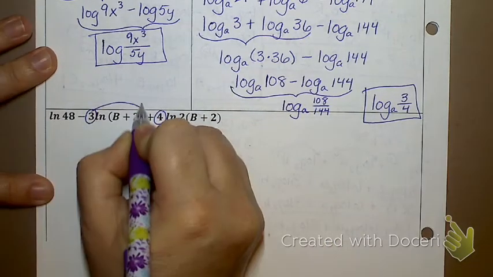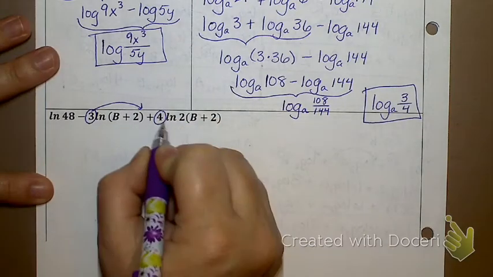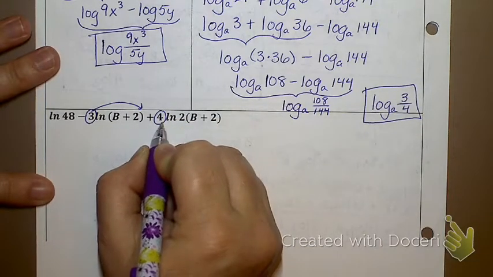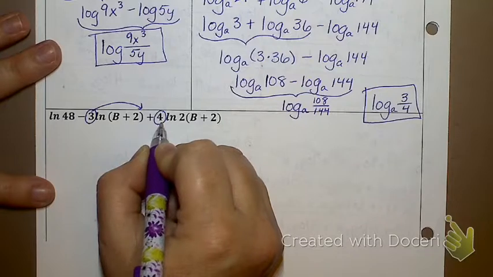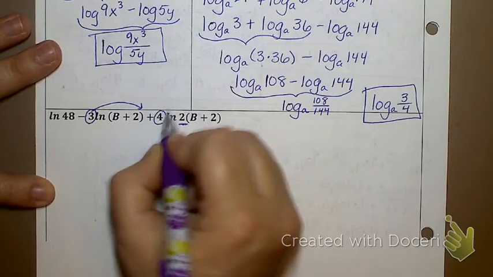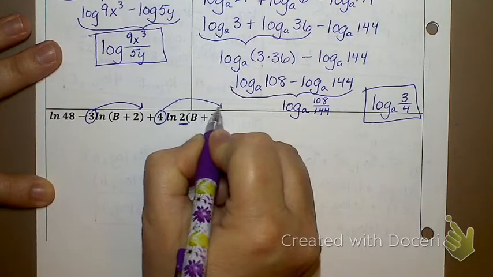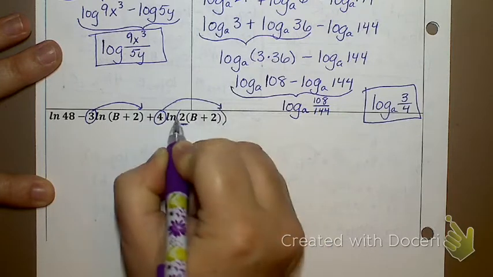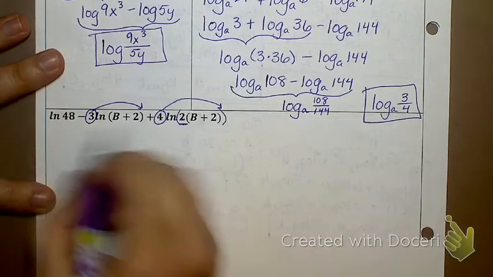So I'm going to bump that guy up there. I have to be careful about this one. Why do I have to be careful about this one? Because there's a 2. So that 4 is not just going to go at the end, it's going to have to be applied to that 2 also. So let's see what that gives me.